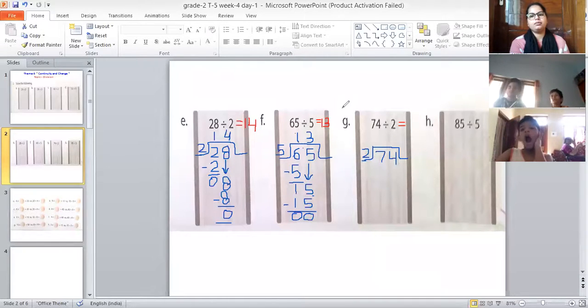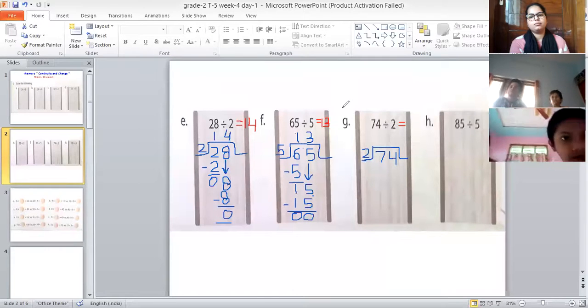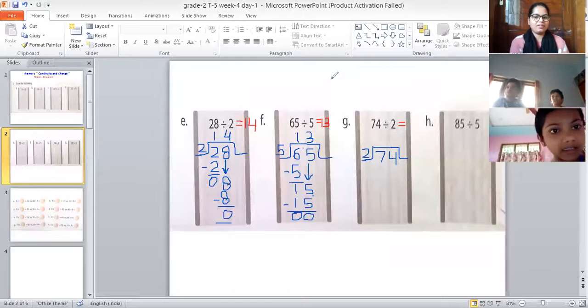Yes, Tanishka? Ma'am, in F1 you kept 15, ma'am, it is wrong. That's not wrong. What is wrong in it?